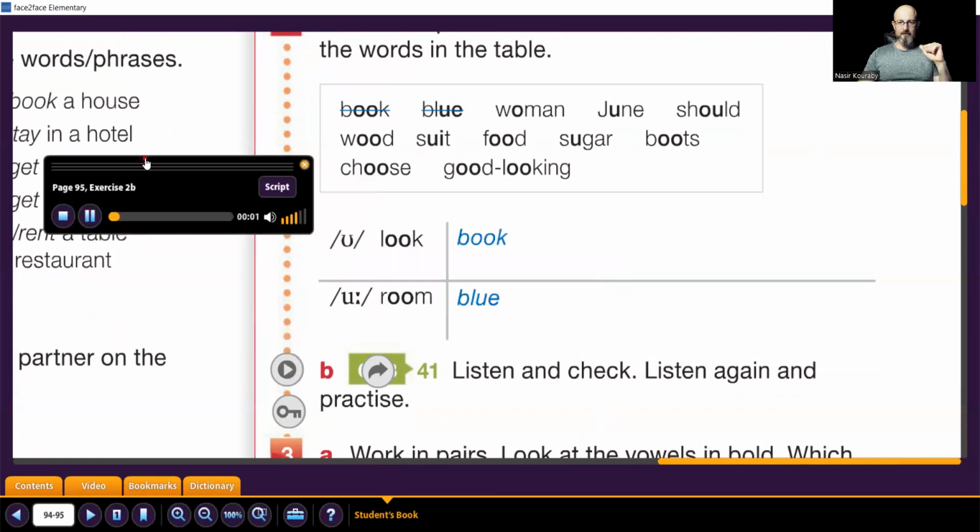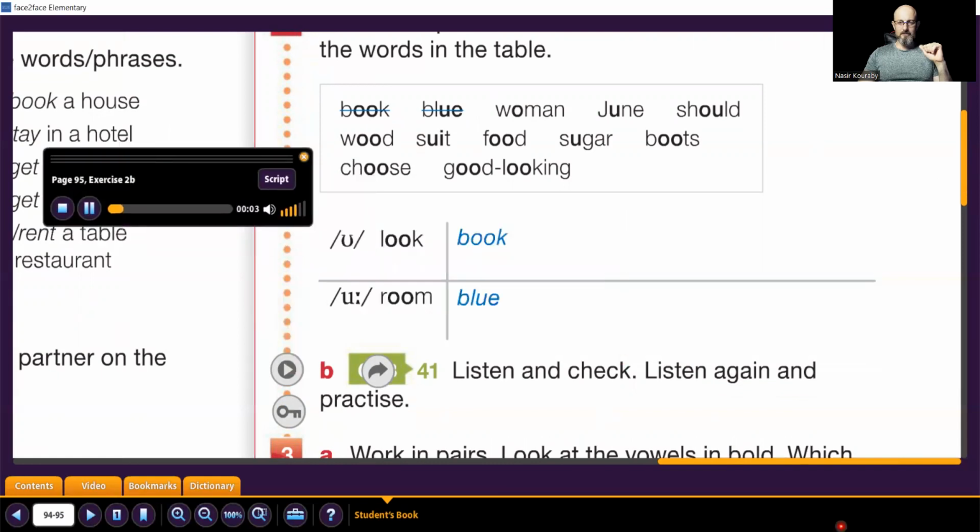Track 41. U. Look. Book. Woman. Should. Would. Sugar.